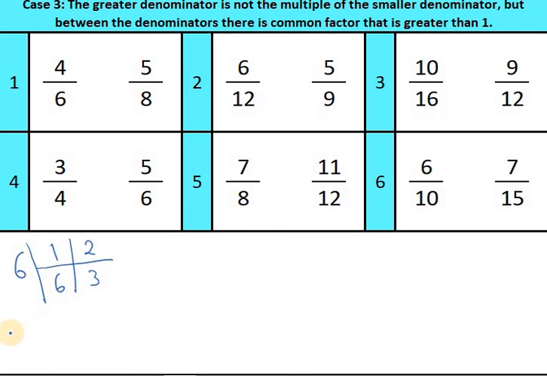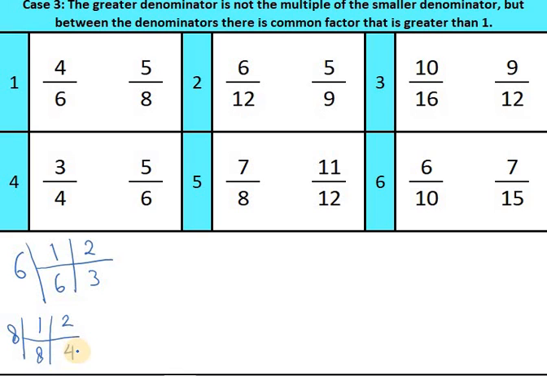And then the other one is 8. Again we do 1 and the number itself, and since this is an even number, we can divide 8 by 2, which gives 4. We cannot divide 8 by 3. After that you have 4, but the 4 is already here, so we stop.